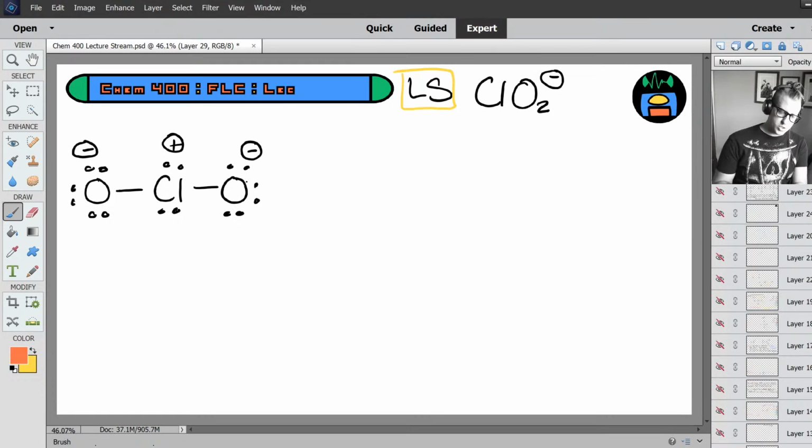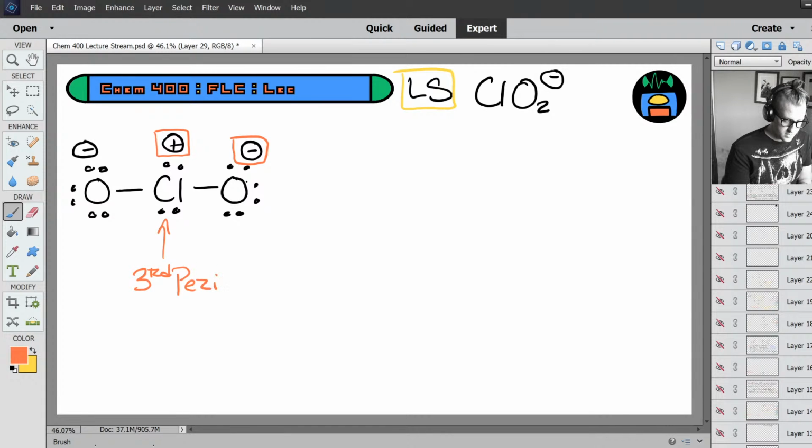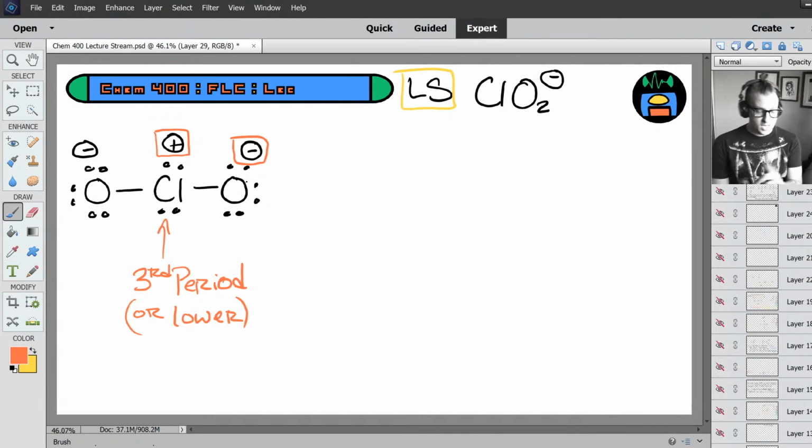You can minimize your formal charges if you have a formal negative on an atom next to another atom with a formal positive, only if the element bearing the positive charge is on the third period or lower.